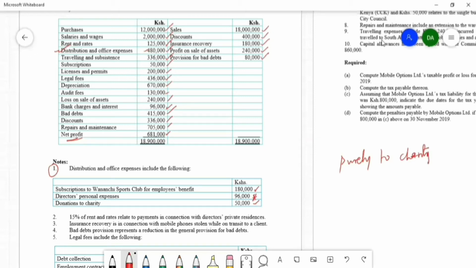And then the charity should not be related to the donor. So the charity should not be related to the donor, and the donation should be purely to charity.